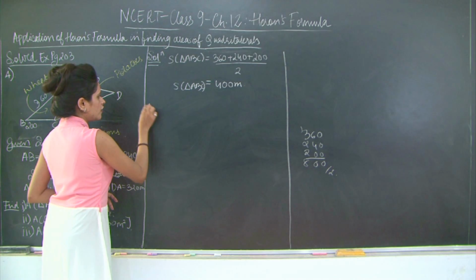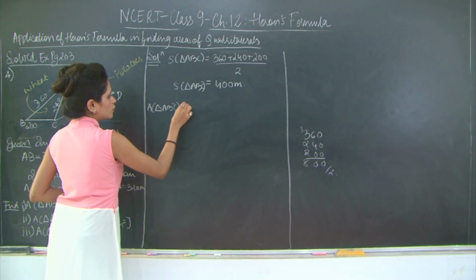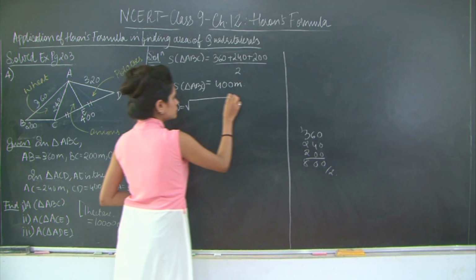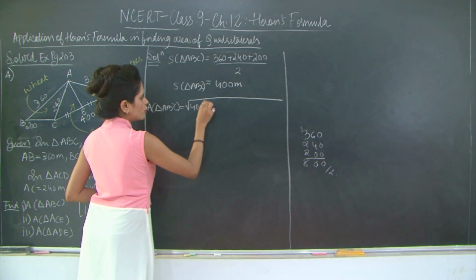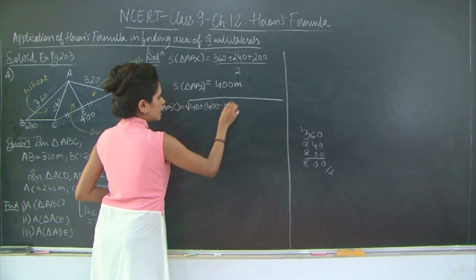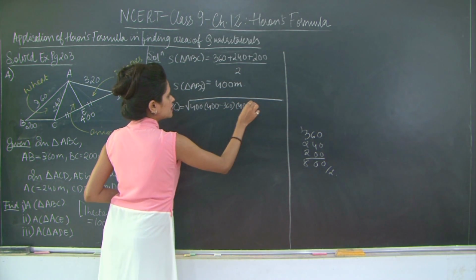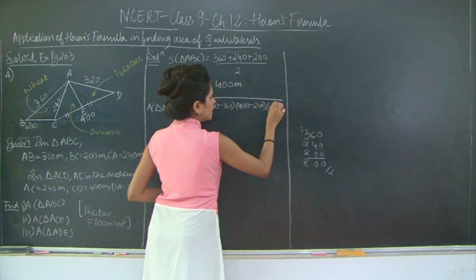Therefore, area of triangle ABC would be what? 400 into 400 minus one side, which is 360. Then 400 minus 240 and finally 400 minus 200.